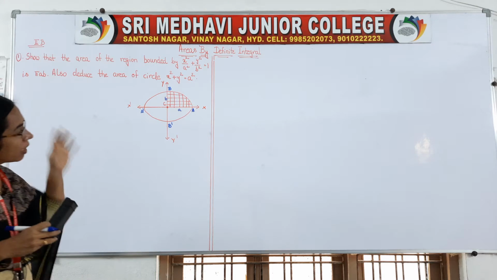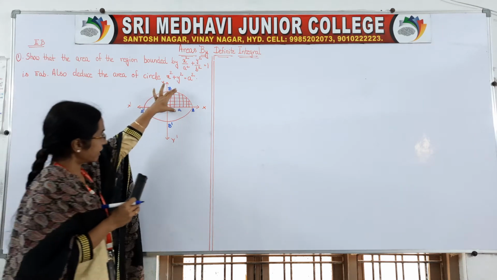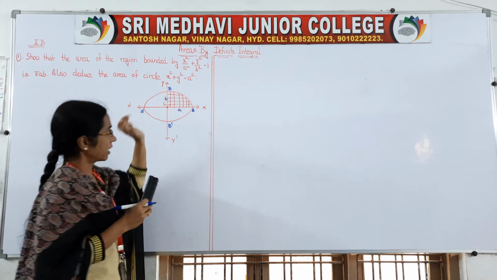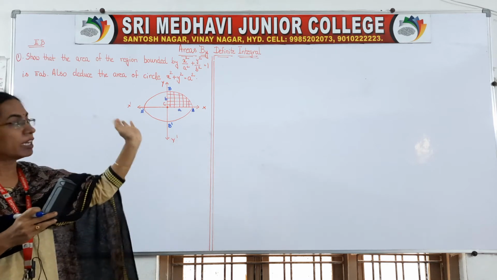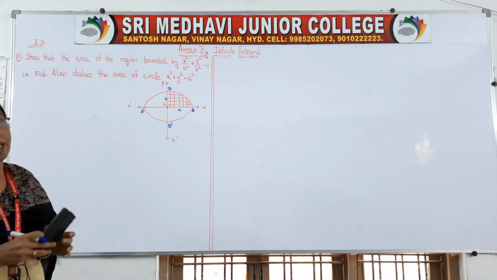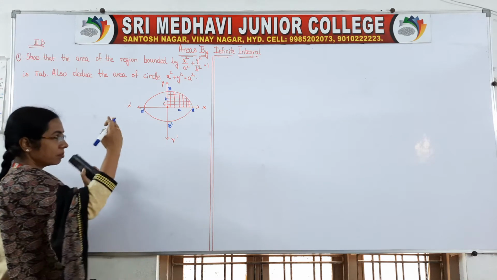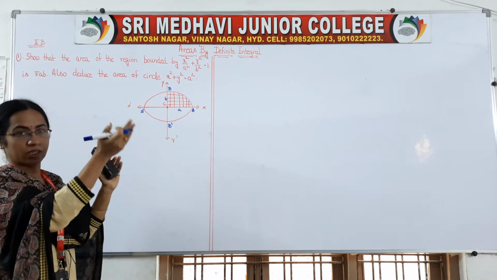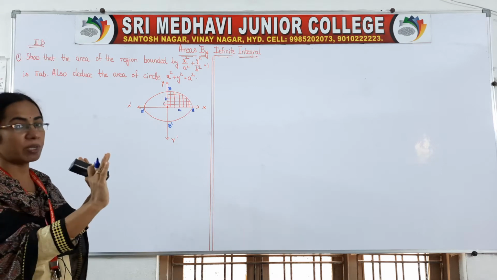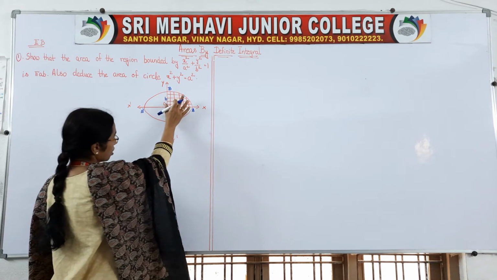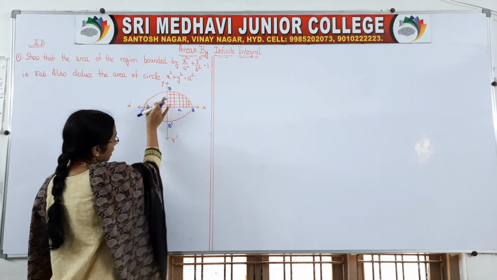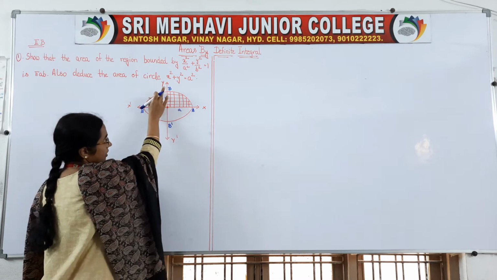Why I filled only this area, why I am showing only this area, means an ellipse is a symmetrical diagram. So that means the area covered with respect to x and y will be equal. If you observe, this ellipse can be divided into 4 equal parts, isn't it?